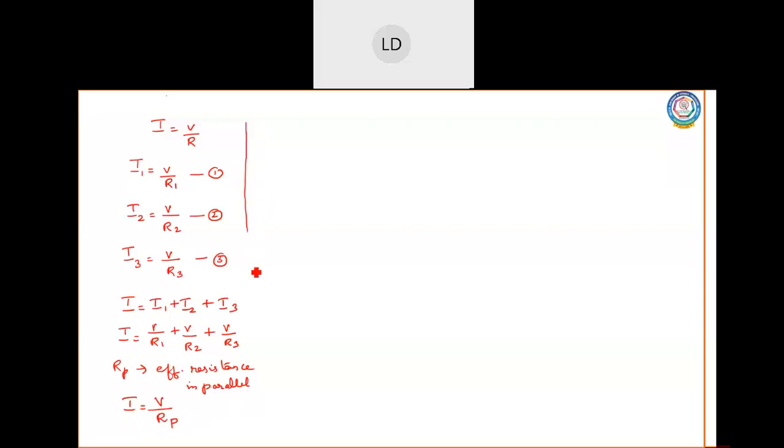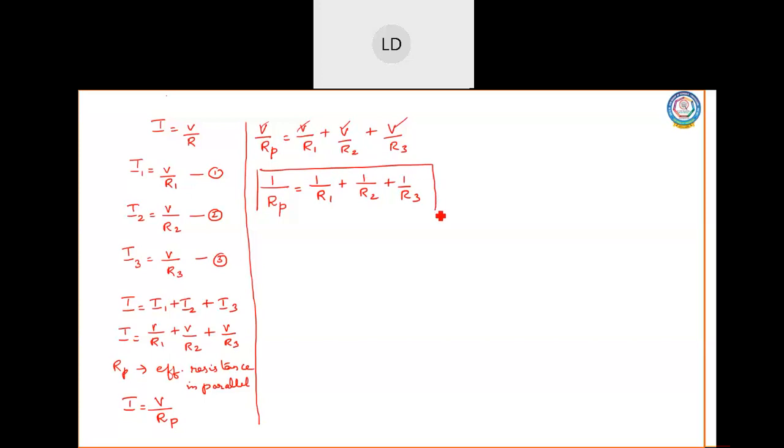So substitute I is equal to V by RP in this equation. So I will have V by RP equal to V by R1 plus V by R2 plus V by R3. So here all the V's in the numerator get cancelled, right? So here is the equation for the resistors connected in parallel, which is given as 1 by RP equal to 1 by R1 plus 1 by R2 plus 1 by R3. See, RP is coming in the denominator.